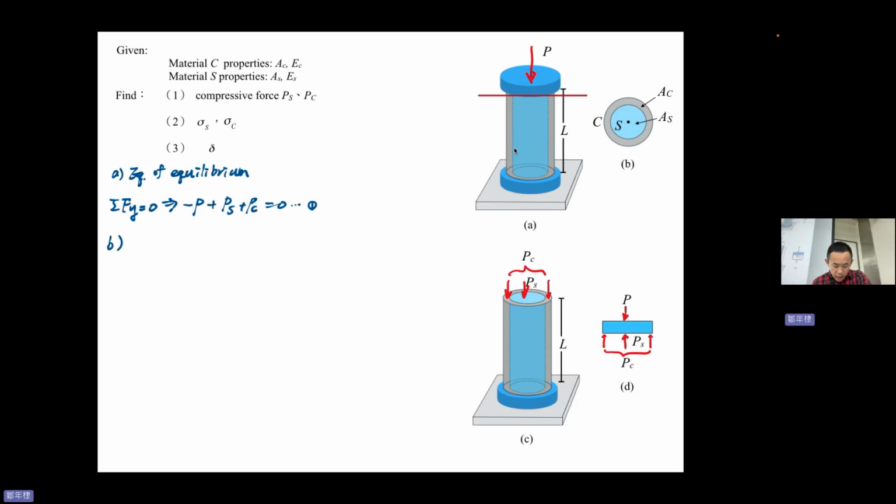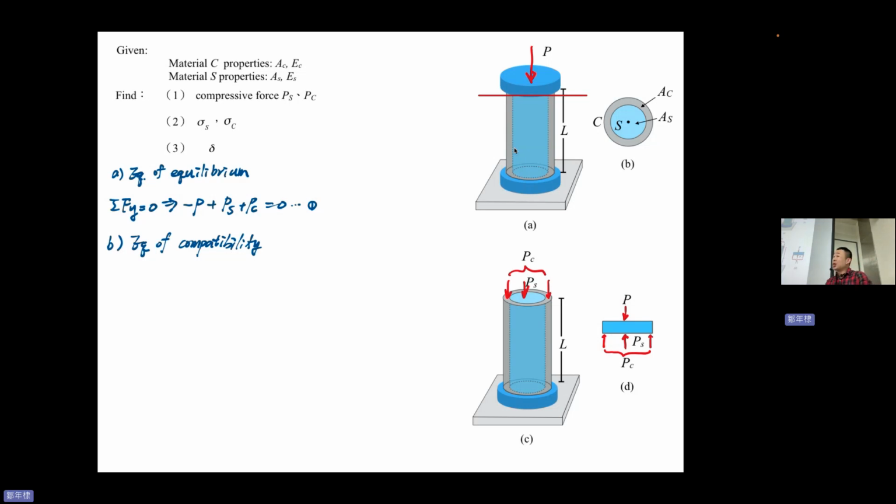We need to get the equation of compatibility. Okay, so what is the compatibility equation?